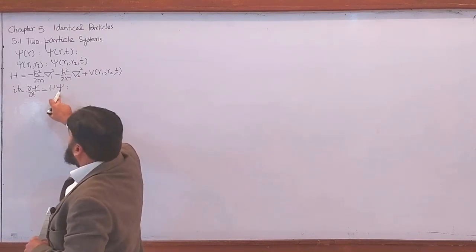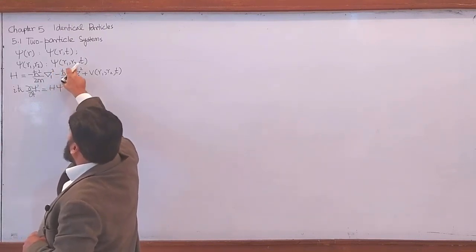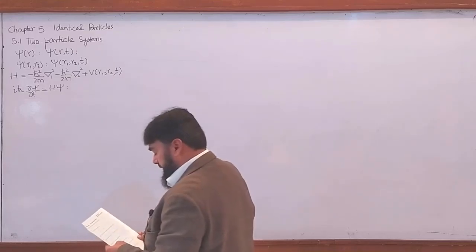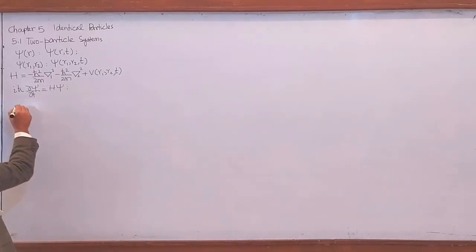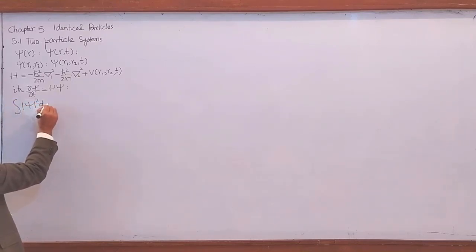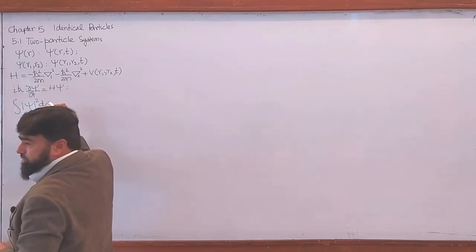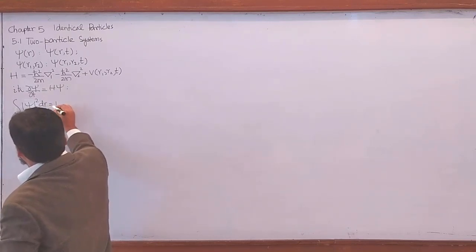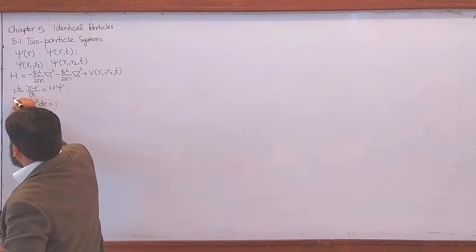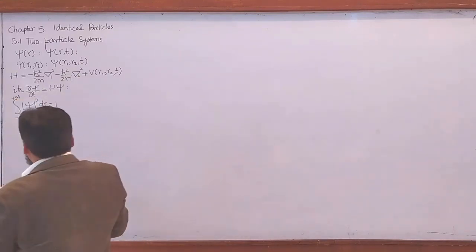We will solve for this psi, such that this psi is now psi of r1, r2 and with time. Similarly, the normalization condition was that the integral of psi mod squared dx in one dimension, or d r in three dimensions, over all space, minus infinity to plus infinity, is equal to 1.